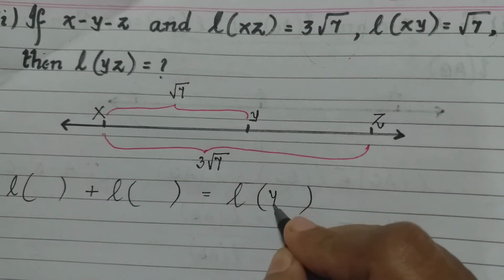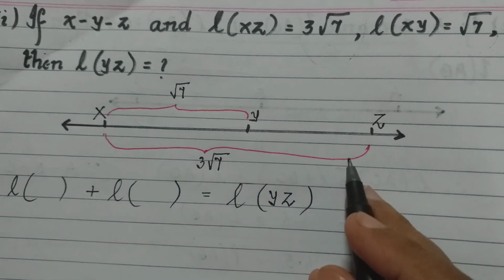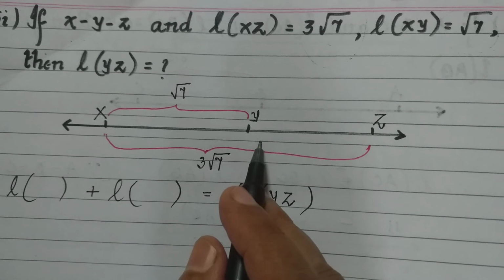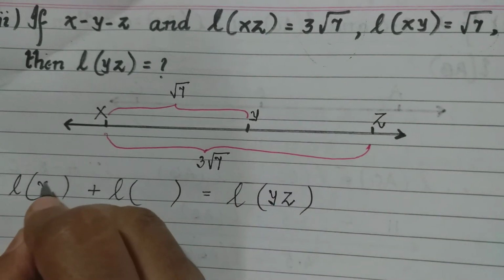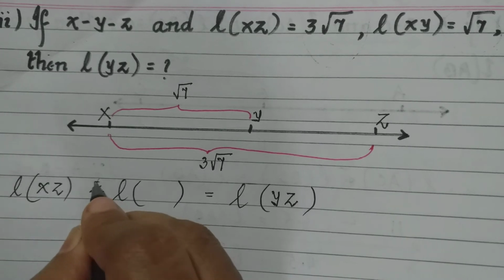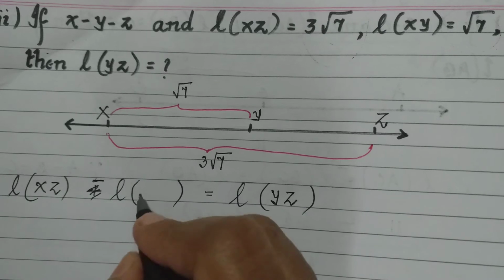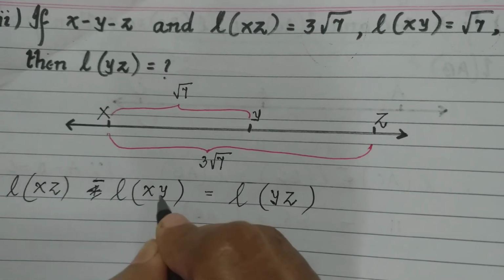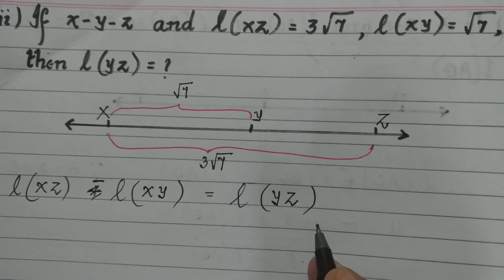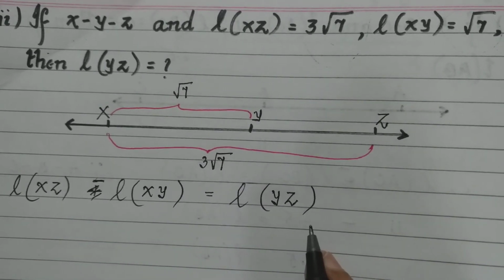So we write length of YZ is found out by length of XZ minus length of XY. So length of XZ minus the length of XY is giving the length of YZ.